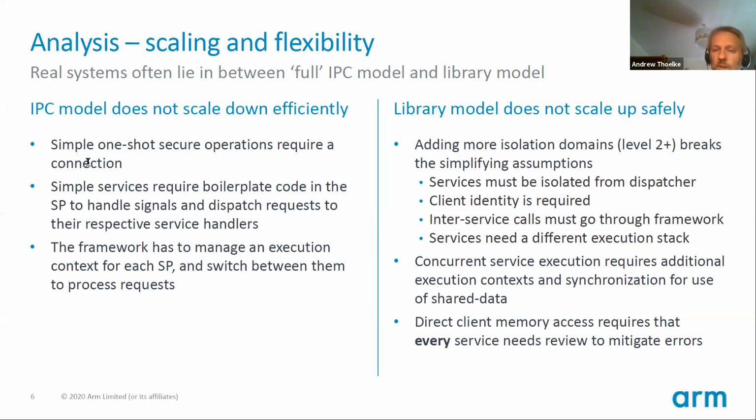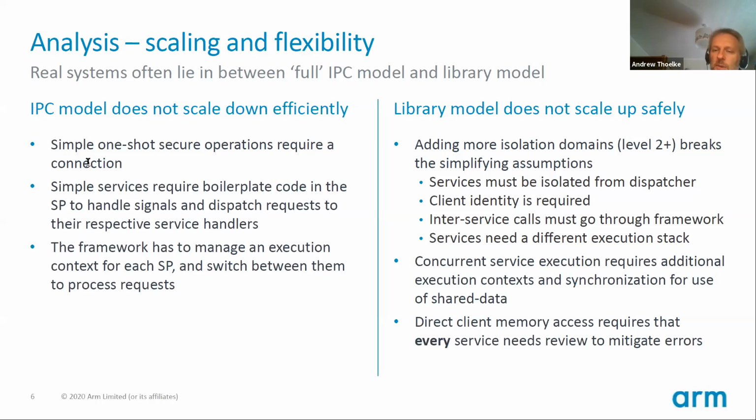If you want concurrent service execution, then you need extra execution contexts, because you can't run them all on one stack. And depending on the isolation model, you might need synchronization and synchronization APIs so that you can use shared data, or an implementation guide that makes sure you don't use shared data, so you avoid the need for synchronization.